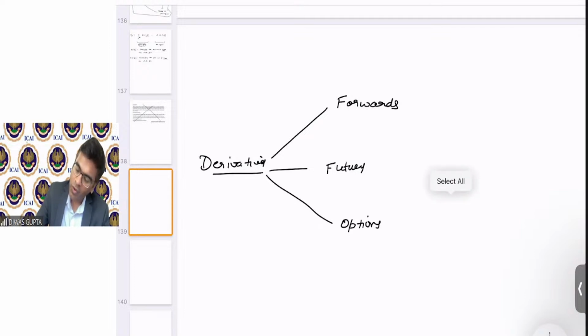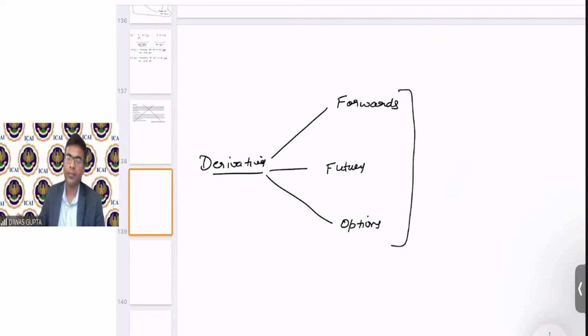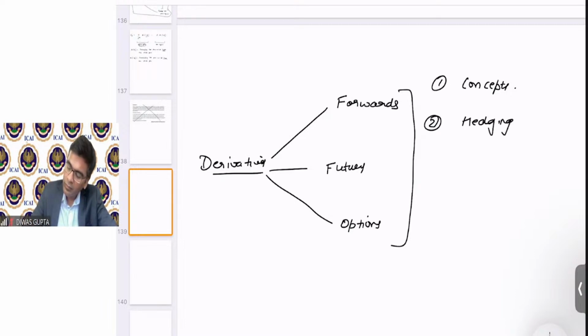For all these three, we have understood the concepts. We have understood how these are useful in hedging techniques.